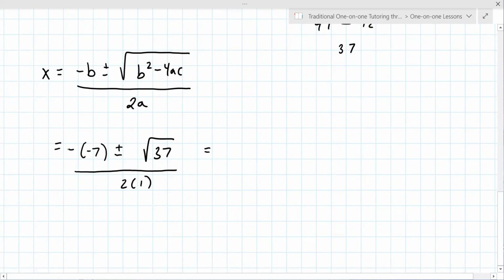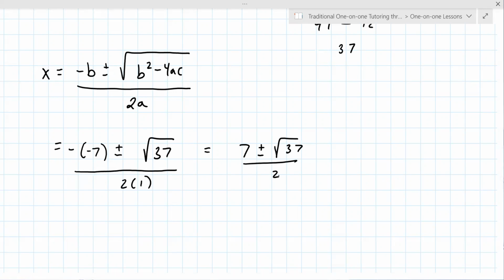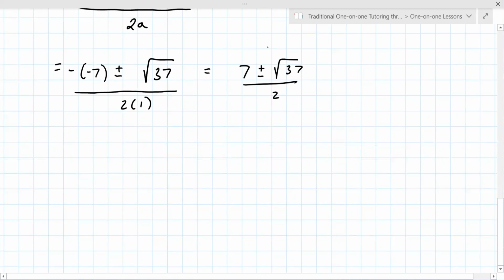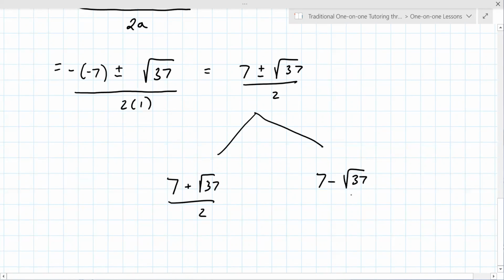The negative out in front goes with this negative, so it becomes 7 plus or minus the square root of 37 over 2. Now, this is the final answer, but your instructor really wants you to write it out 2 ways: 7 plus the square root of 37 divided by 2, and 7 minus the square root of 37 divided by 2.